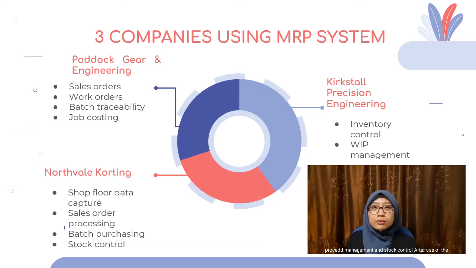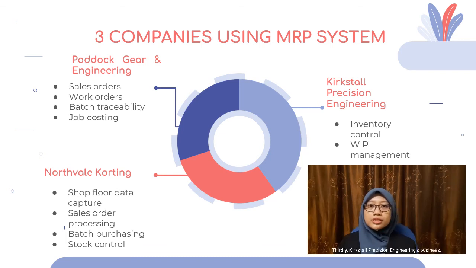After using the MRP software, the software helps in a number of areas including shop floor data capture, sales order processing, batch purchasing, and stock control. Therefore, Northvale has reported improved job costing, increased work efficiency, and lower costs.